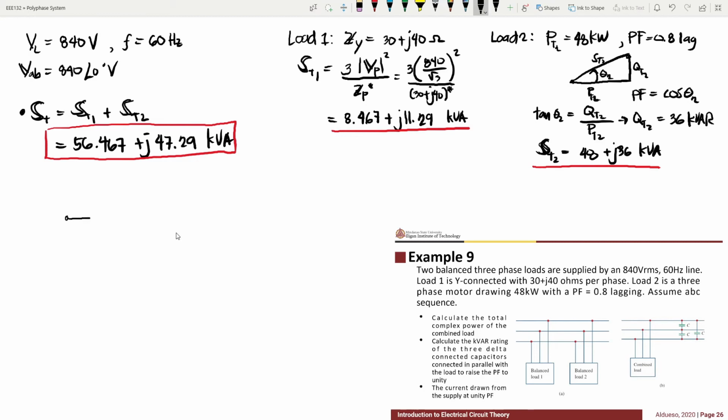If we have the power triangle of the total combined load, 56.467 kilowatts and 47.29 kVAR.